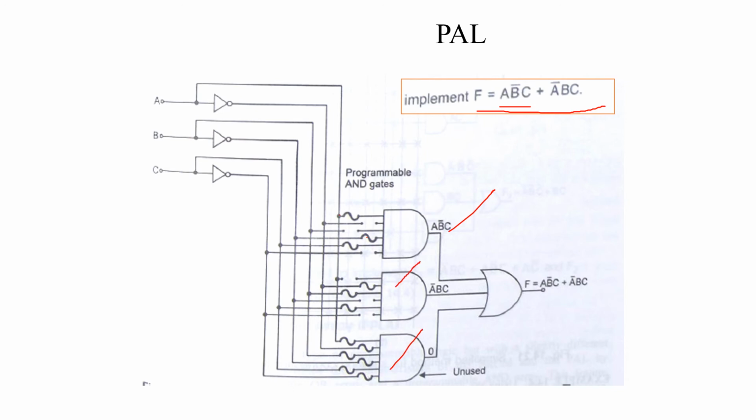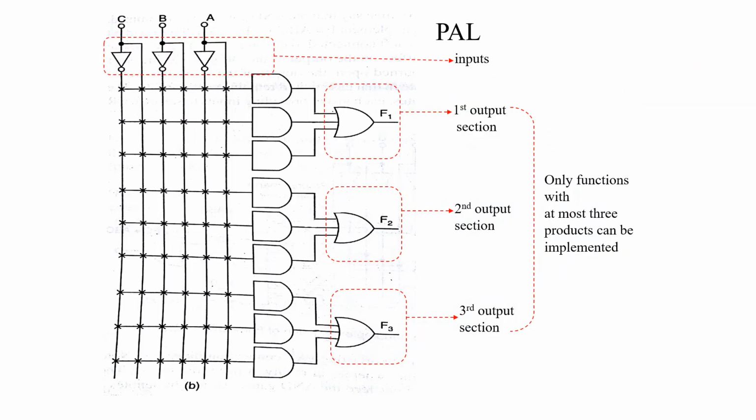Why? Because 3 AND gates are available, and this one is simply unused. For unused gates, all the fuses are generally intact. Programming makes some of the fuses blown away. In this way, we can implement this logic function by using PAL.